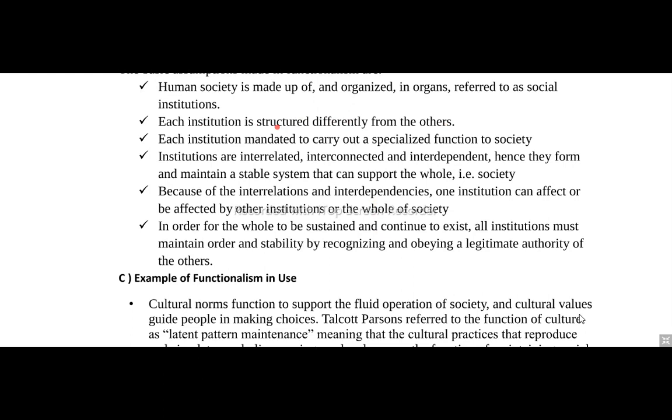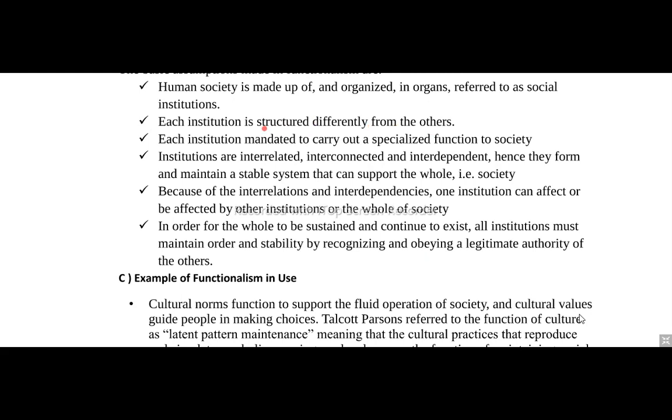For example, the university, is it organized the same as the church? The Roman Catholic Church, the Presbyterian Church, the Anglican Church, the AIC Church, is it organized the same? No. Each institution is structured differently from the other.